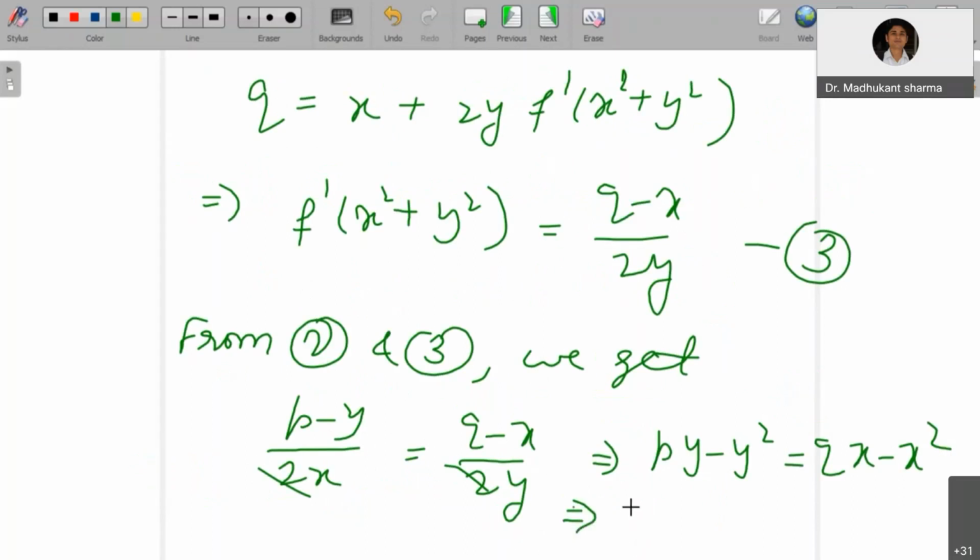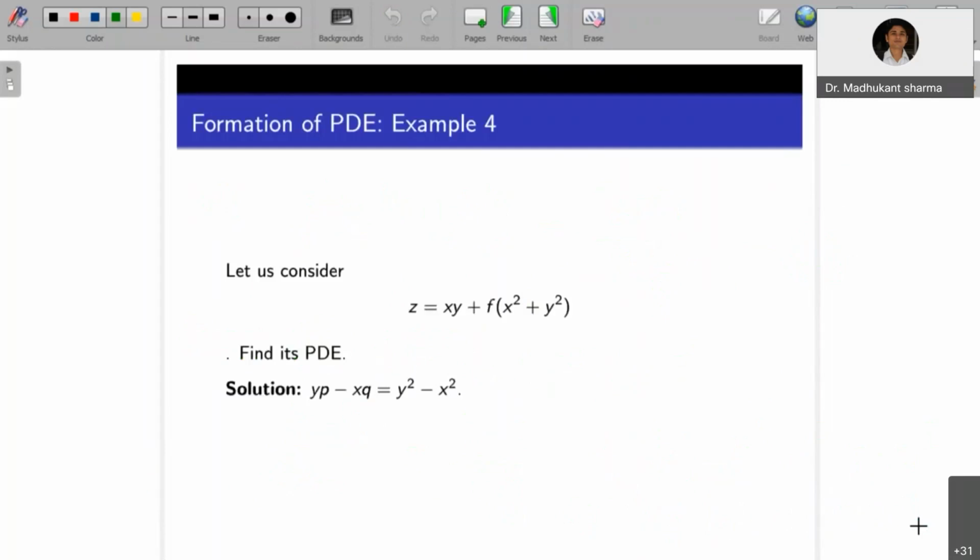So this implies py minus qx is equal to y square minus x square. So this is the final associated PDE for this.